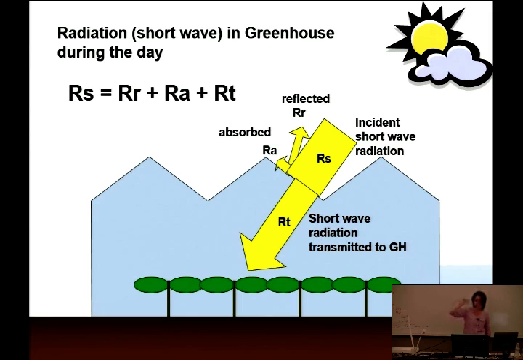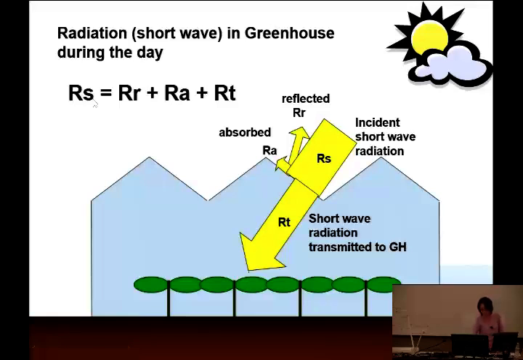It always either reflects or absorbs, and usually both happen. Reflectance, absorptance, and transmittance: the three components equal the incident light. So the reflected radiation plus the absorbed radiation plus the transmitted radiation equals the incident radiation, right?